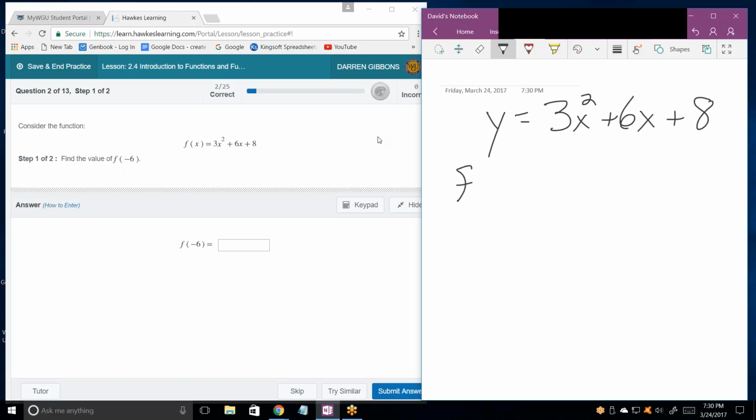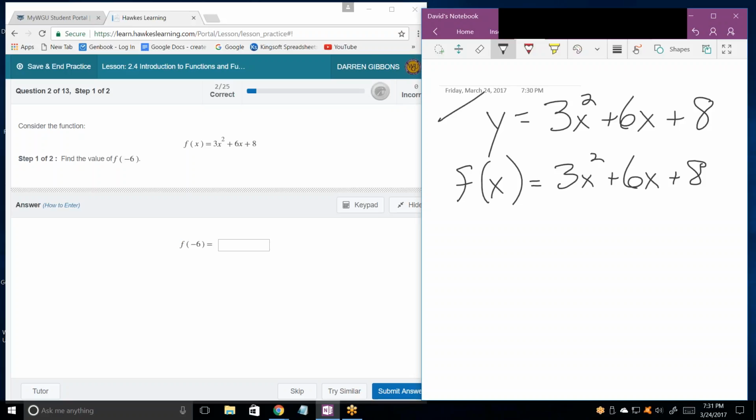Now, f of x has some advantages over y. For one thing, it tells you you're dealing with a function that's in x. It's not in r, it's not in t, it's not in theta. It's the variable you're going to find on the right side of the equation is x. And this y notation doesn't tell you that. Okay, so automatically f of x is superior.